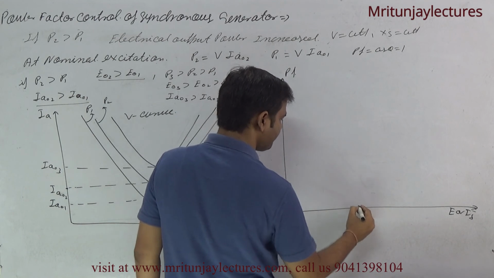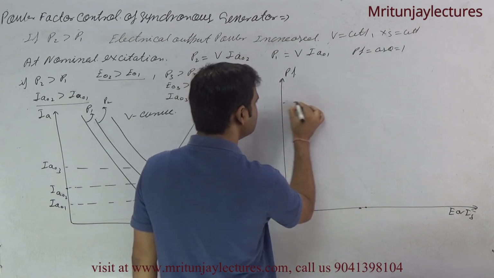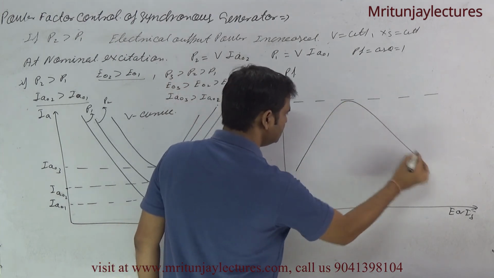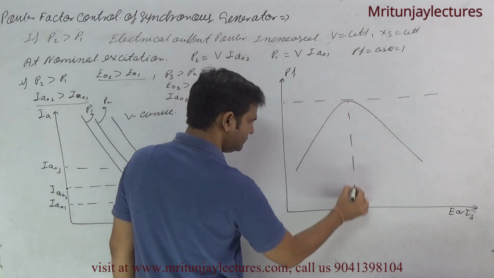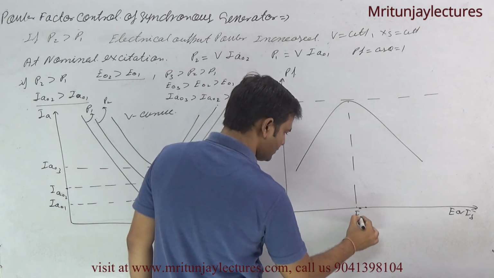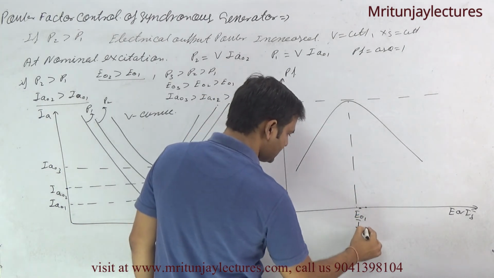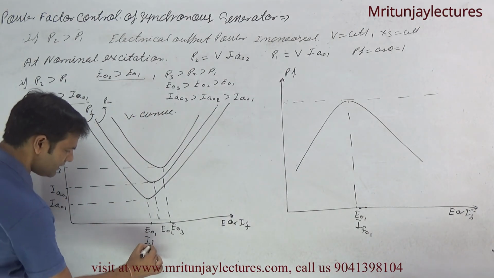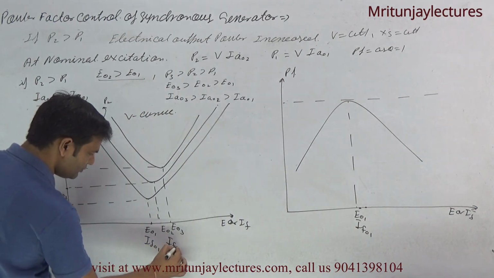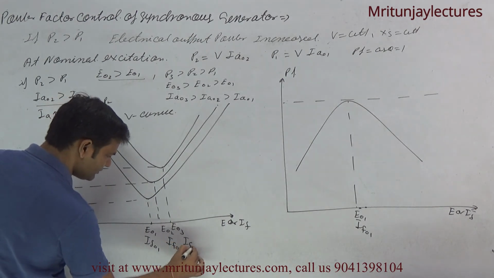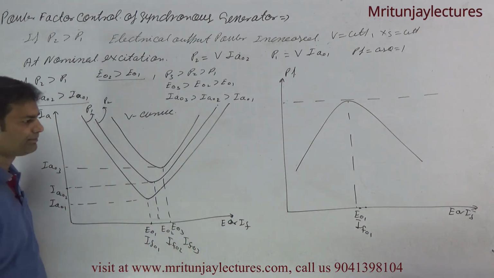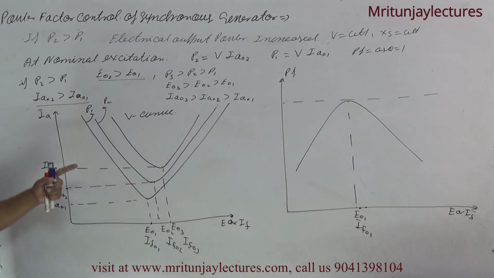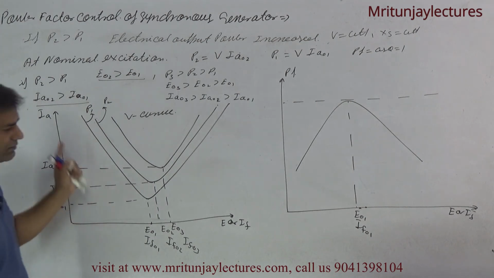Now here that is E01, or you can say that IF01, IF02 and IF03. Okay, if you want to correspond to field excitation current and armature current, then represent it like this one.